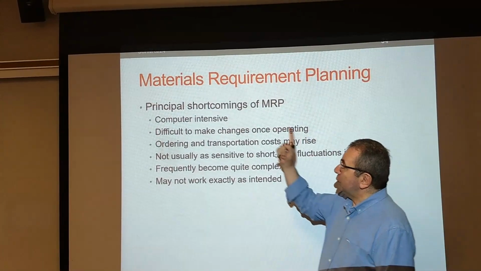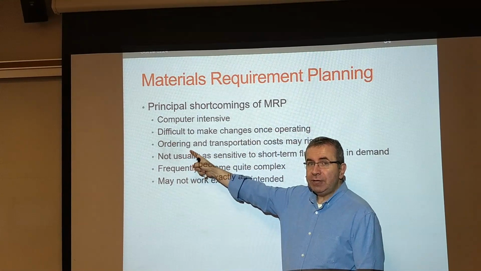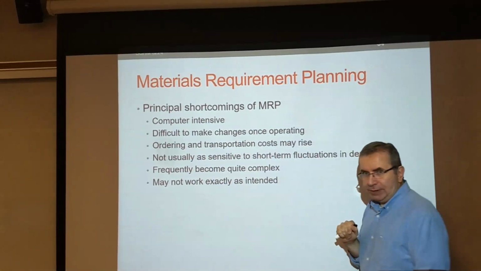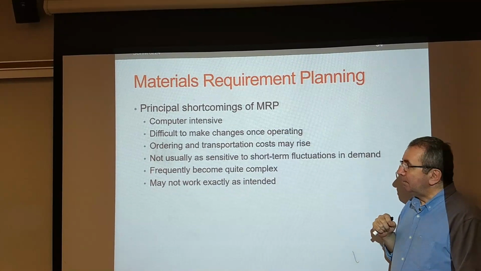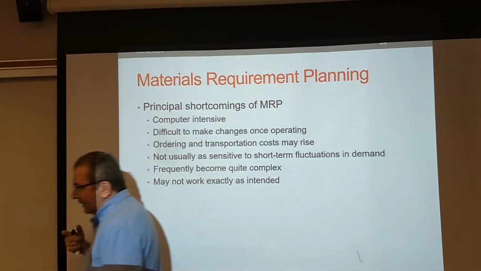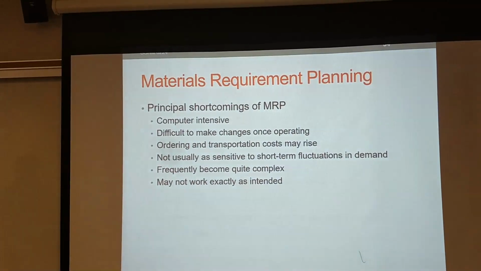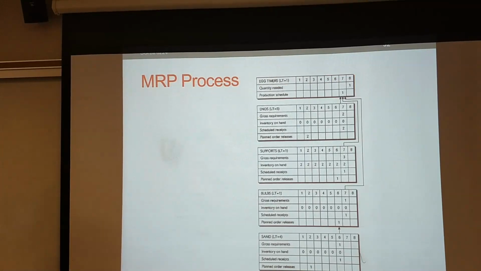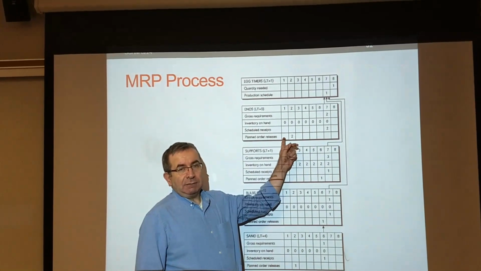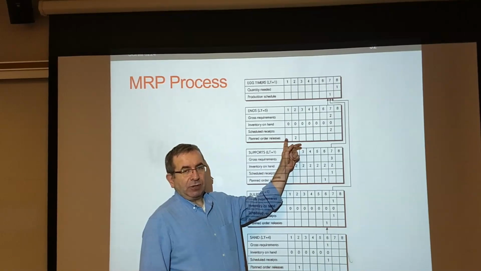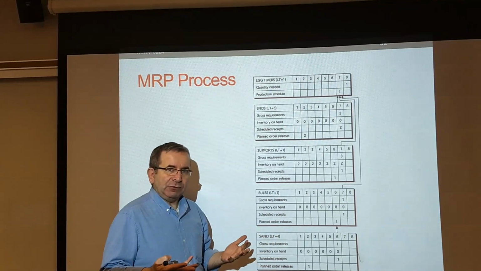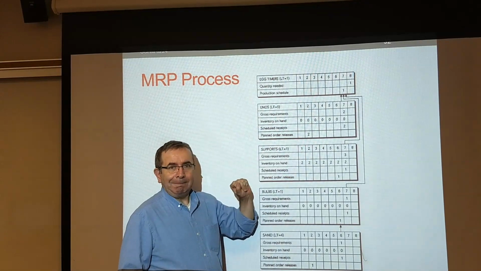Now, if you do MRP, your ordering costs and transportation costs can increase. How come? Well, in MRP, you try to minimize inventories. Okay? So, if you need 2 ends, you're gonna order 2 ends. Okay? Now, the supplier may offer you a discount if you buy 3.